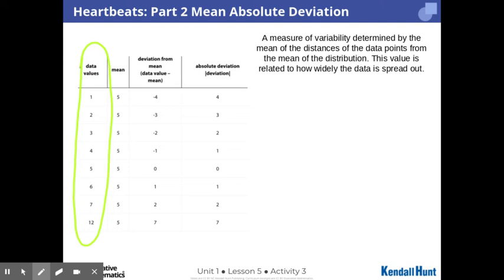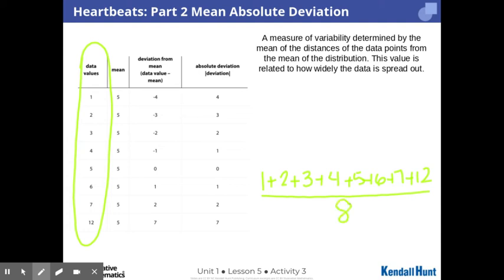And so if you've forgotten from yesterday, how we find the mean is to add up all of those numbers. So we would have 1 plus 2 plus 3 plus 4 plus 5 plus 6 plus 7 plus 12. And so we take all of those numbers, add them up, and divide by how many values we have, which is 1, 2, 3, 4, 5, 6, 7, 8.